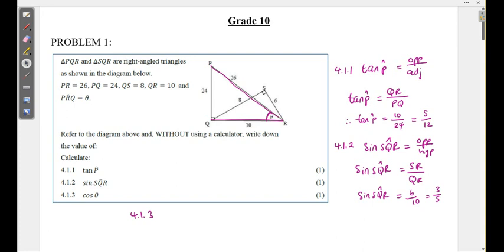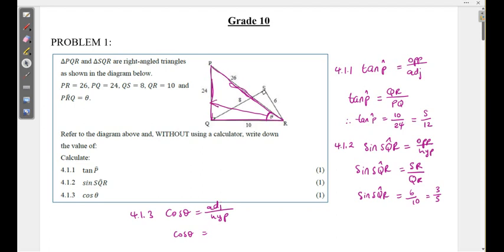PQR. Now, it is in which triangle? It's in triangle PQR, okay? So in that triangle there, since we are looking for cos theta, let's remember that cos is the adjacent side over the hypotenuse. Now, the adjacent to theta, if we check this side, is it adjacent to theta?